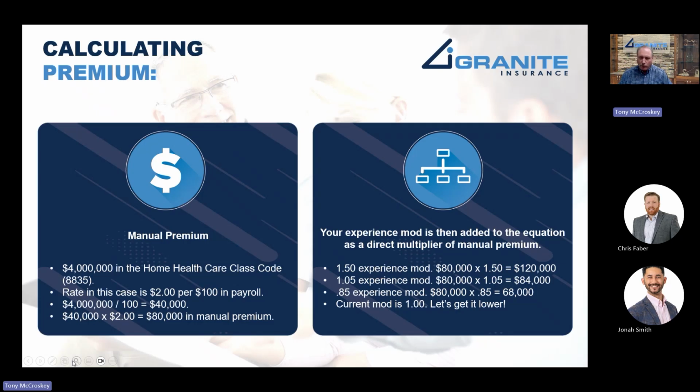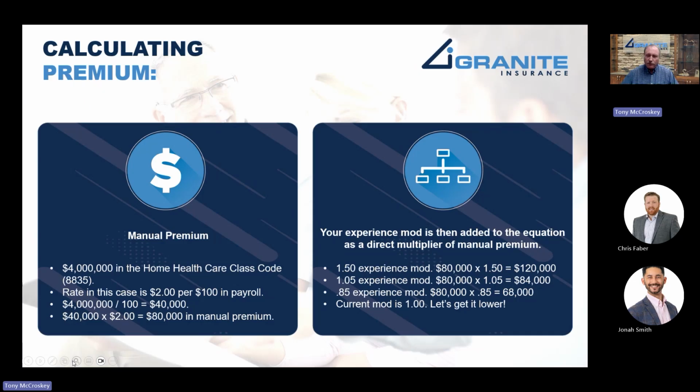Now, this is why we're going through this. Let's say your experience mod instead of 1.0 is 1.5. That same payroll with a 1.5 experience mod, instead of being $80,000, is now $120,000. Huge difference. Conversely, if it's 0.85, then you've got a $68,000 premium.